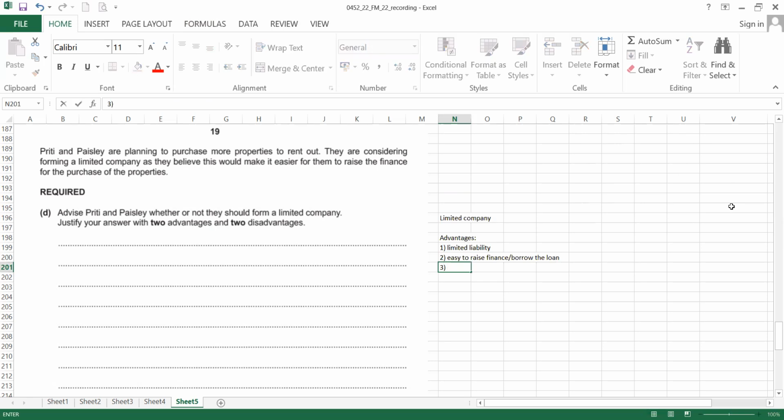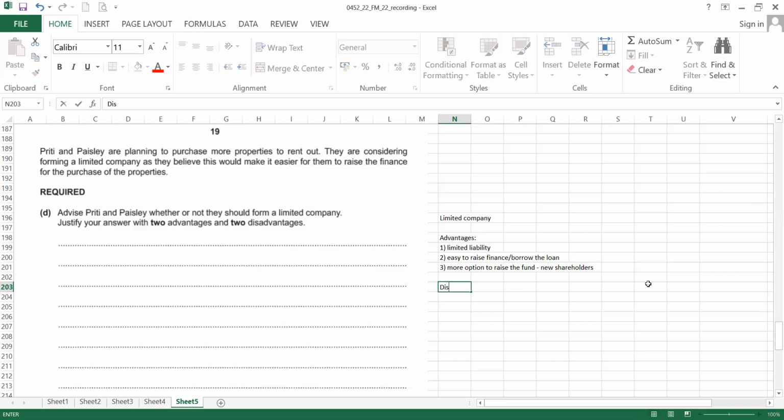They have more options to raise funds. They can borrow from the bank, and they can get new shareholders to invest. These are all the benefits that we have.